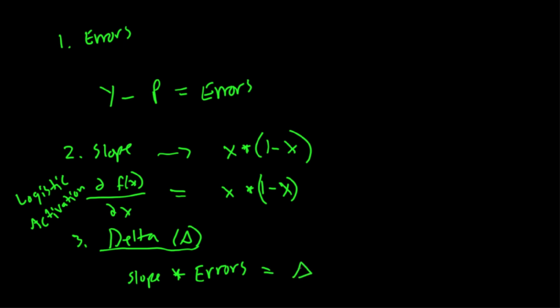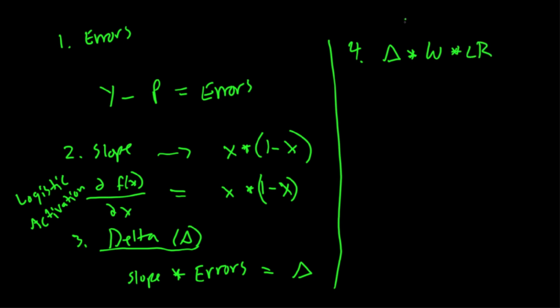And then finally, step 4 is just going to be delta times our inputs, so we'll call these the weights, times, again, the learning rate here, which in our examples we're going to use 0.01, I believe. This is going to be our adjustment, and then we're going to add this to the original weights. And this will give us our final updated weights.